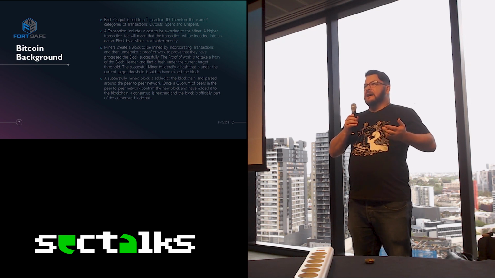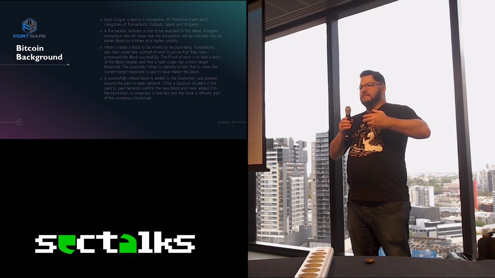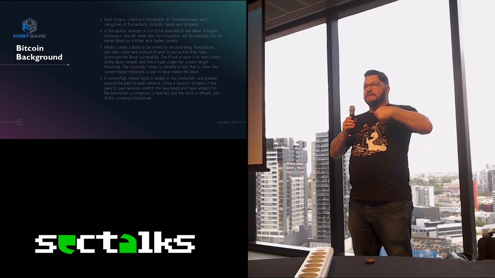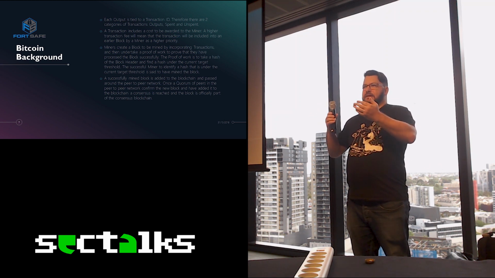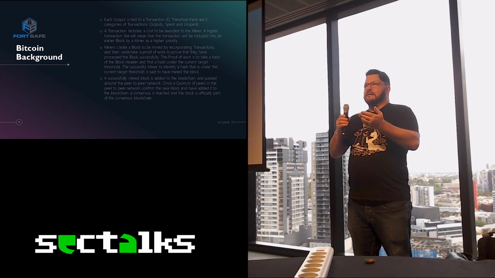The proof of work is to take a hash of the block header and find a hash under the current target threshold. That's a difficulty which you can make more difficult by adding more zeros at the front of the target hash. And so as the target hash becomes longer, it's harder to find, and you end up with a more difficult solution.